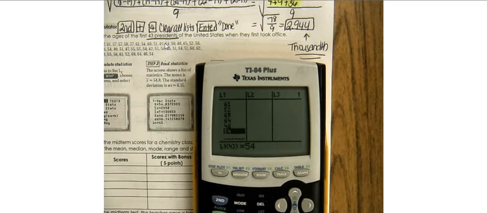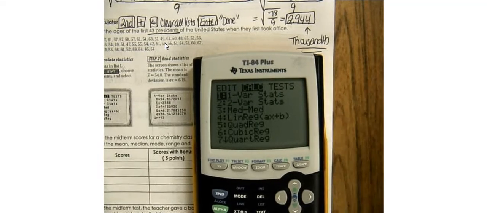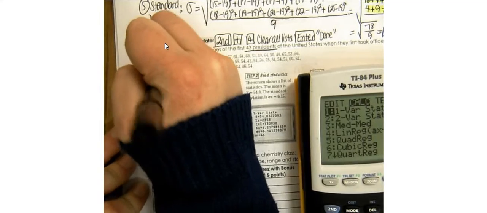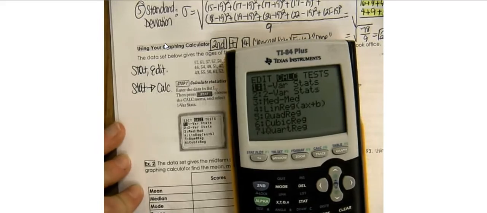So now, in order for me to identify the mean, the median, the mode, the range, and the standard deviation, I'm going to press stat. And from there, I'm going to press the right arrow to calculate. And I want one variable stats, one var stats.